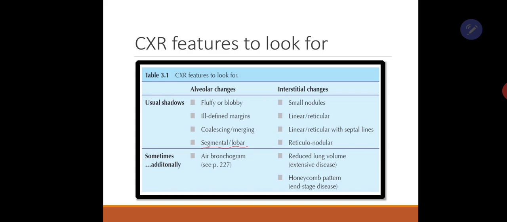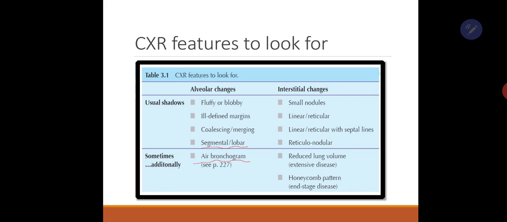The right lung is divided into 3 lobes, upper, middle and lower, and the left lung into 2 lobes, upper and lower. These lobes are further divided into segments, which are 10 in the right and 9 in the left. Sometimes additionally we can see air bronchogram, which we will be discussing later in the session.